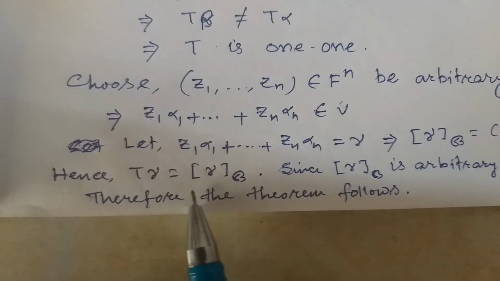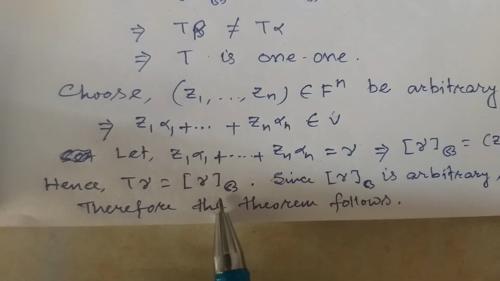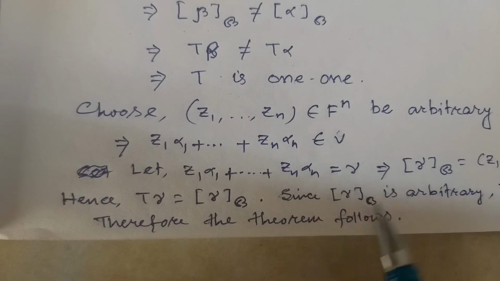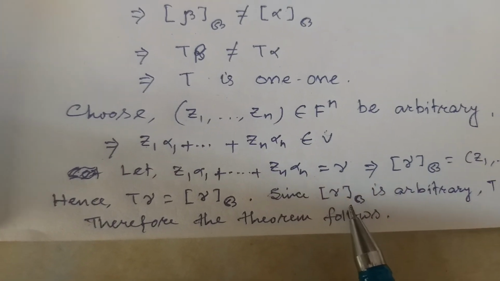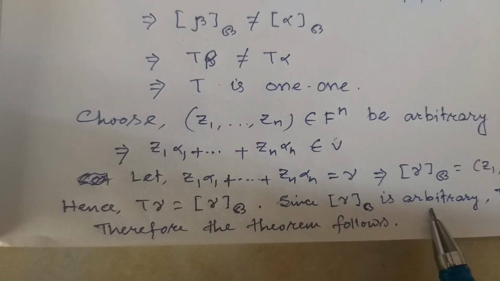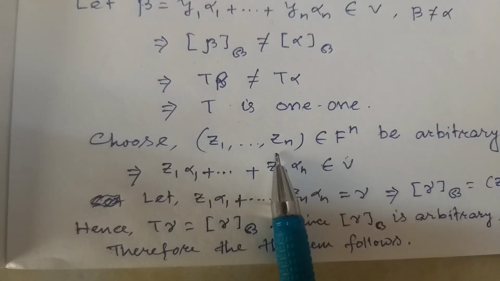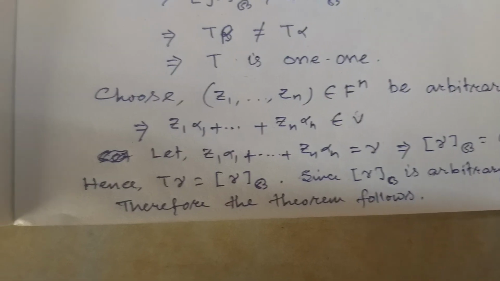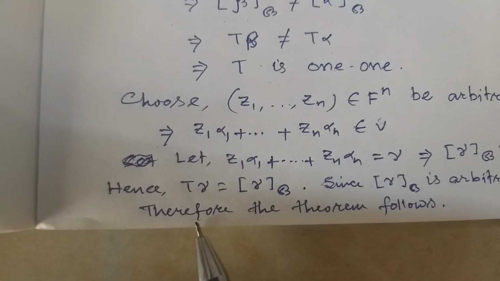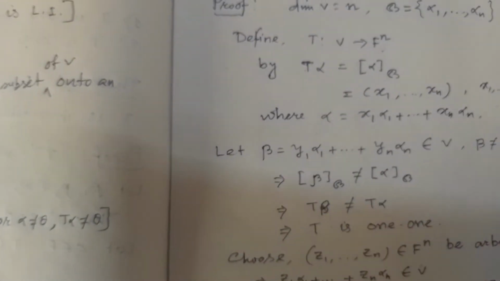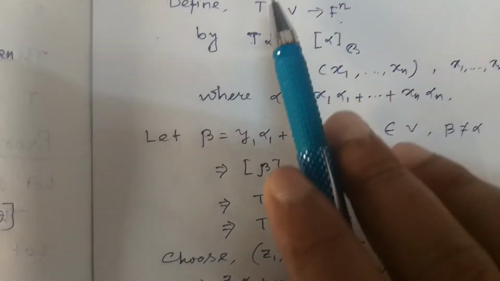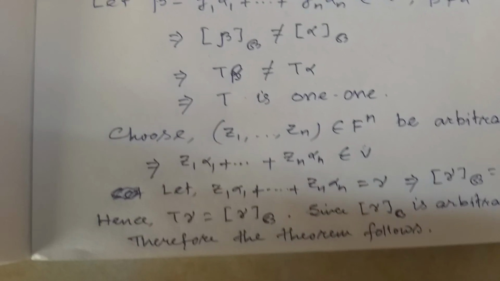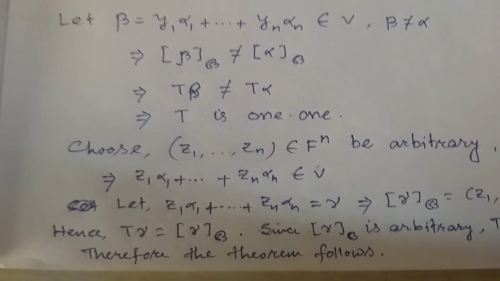Hence T gamma equals the coordinate of gamma with respect to the basis B. Since this element was arbitrary, T is onto. Therefore T is 1-1 and onto, which means T is an isomorphism from V to F^n. So V is isomorphic to F^n. The theorem follows. That's all for today.